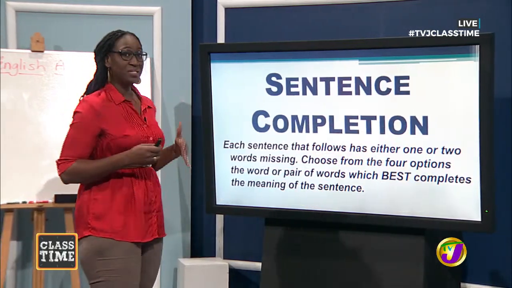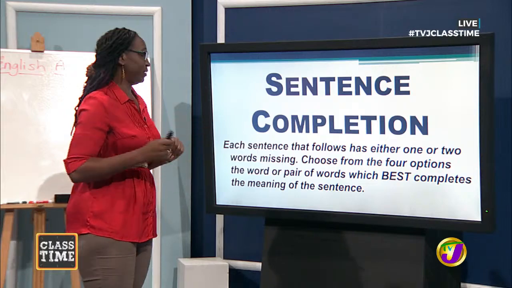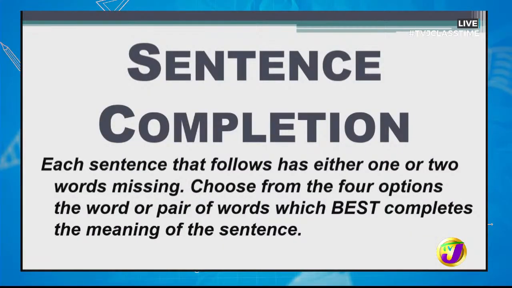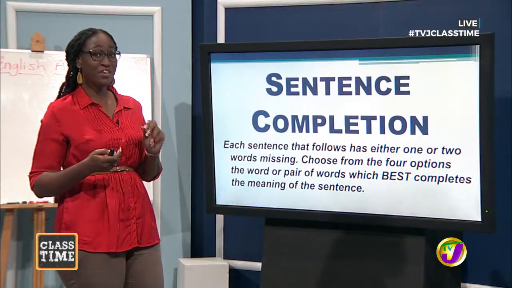All right, so here is what your instruction will likely look like. Each sentence that follows has either one or two words missing. Choose from the four options the word or pair of words which best completes the meaning of the sentence. So remember, you're looking for the perfect fit.